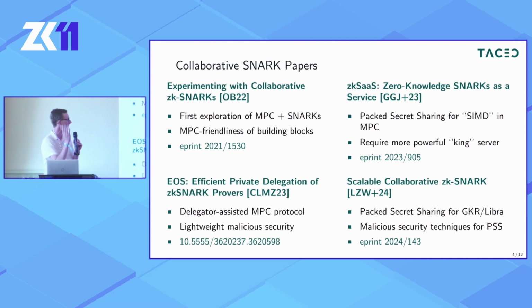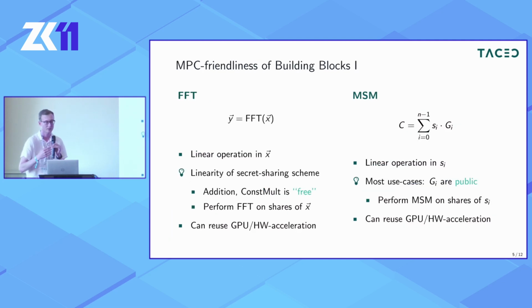But in the interest of time, I will not go into too much detail here, but rather give you an overview of the MPC friendliness of these building blocks and why this is a good fit for MPC. First, very common building blocks in zero-knowledge proof systems are FFTs, and essentially FFTs are just a linear operation on the input vector.